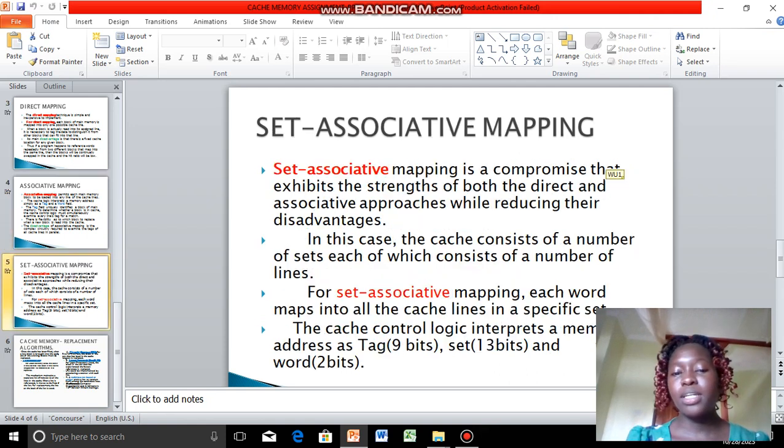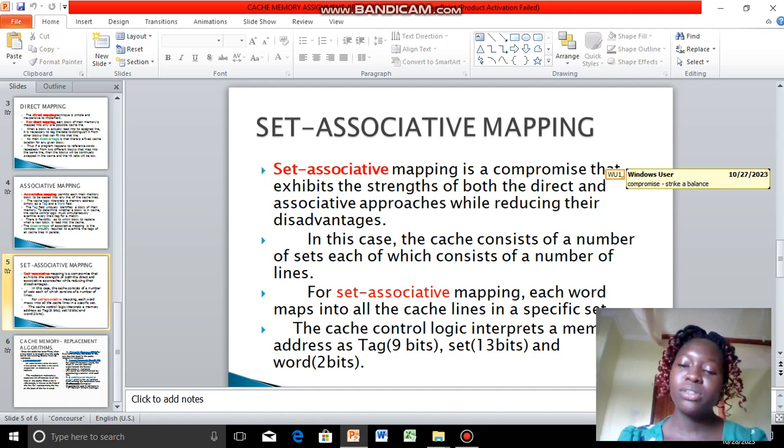Then we look at set associative mapping. Set associative mapping is a compromise that exhibits the strengths of both the direct and associative approaches while reducing their disadvantages. Compromise means that it strikes a balance between direct and associative mapping, while also reducing their disadvantages, as we have seen. For set associative mapping, the cache consists of a number of sets, each of which consists of a number of lines.